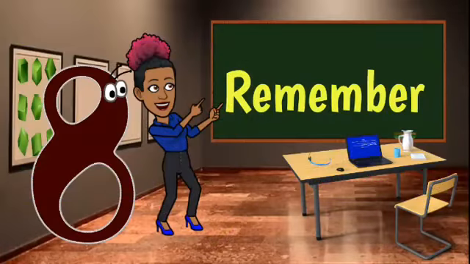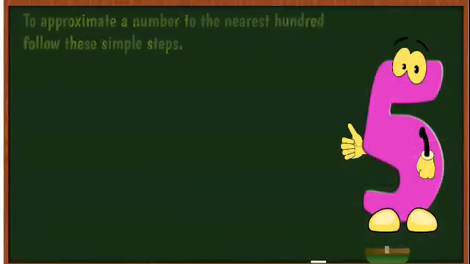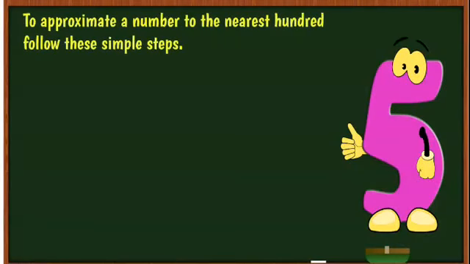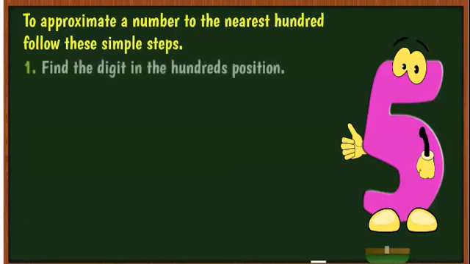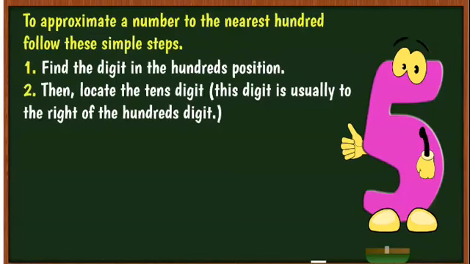So there are some tips to remember. To approximate a number to the nearest hundred, follow these simple steps. 1. Find the digit in the hundreds position. 2. Then locate the tens digit. Now this digit is usually to the right of the hundreds digit.